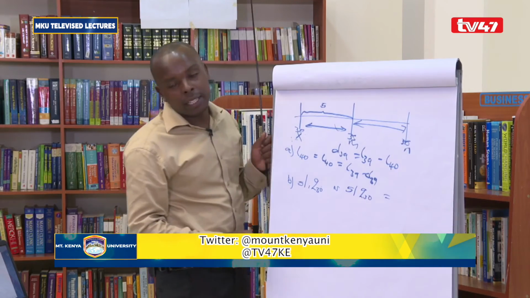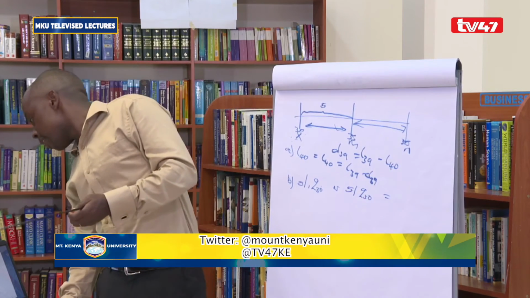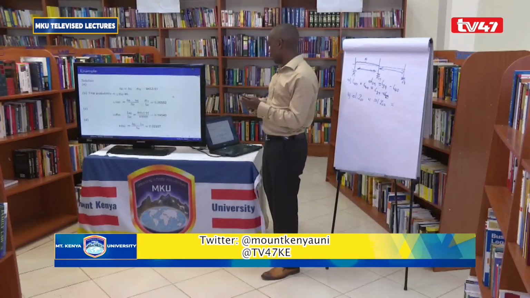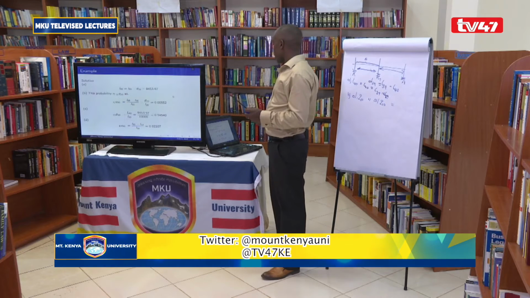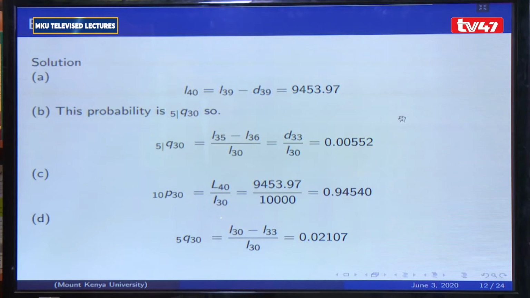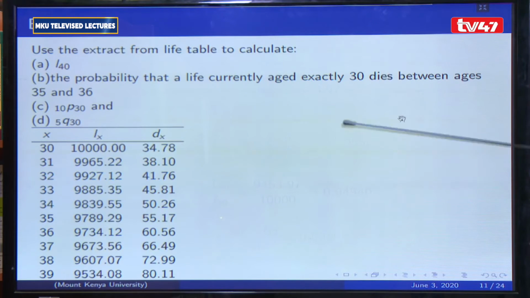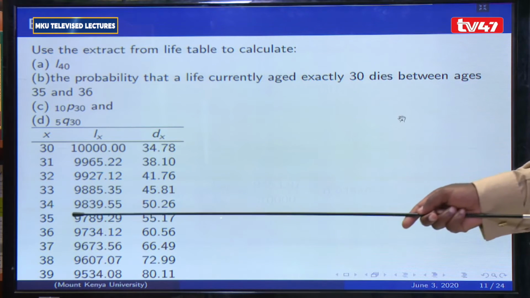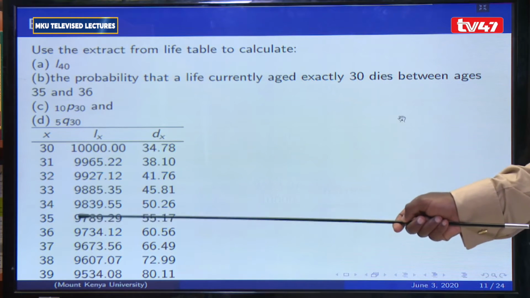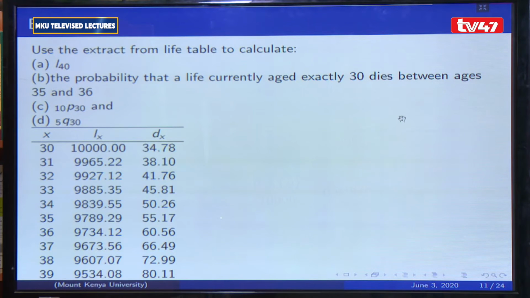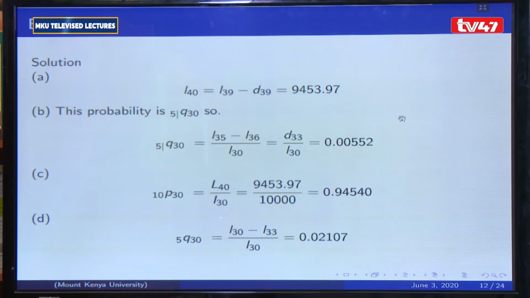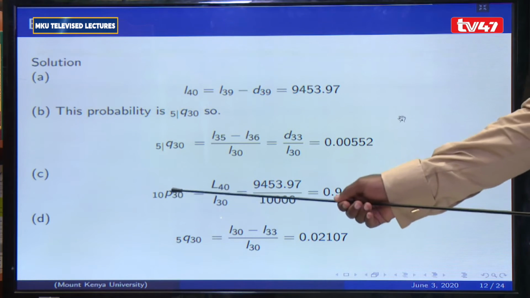And we've said that this is given by l35 minus l36 over l30, and that should give you 0.0552. So the l values that we are reading are these. l35 is here, l36 is here, and then we have l30, 10,000. Then we have 10p30.